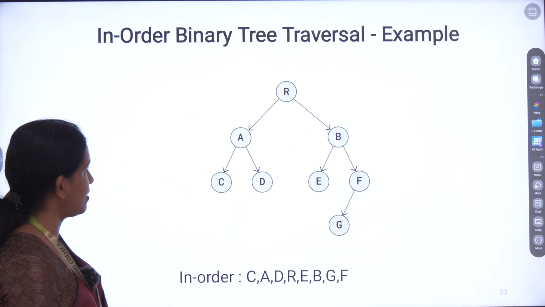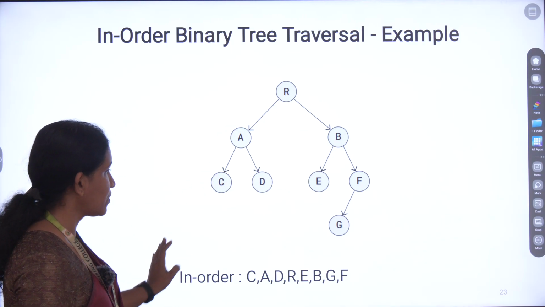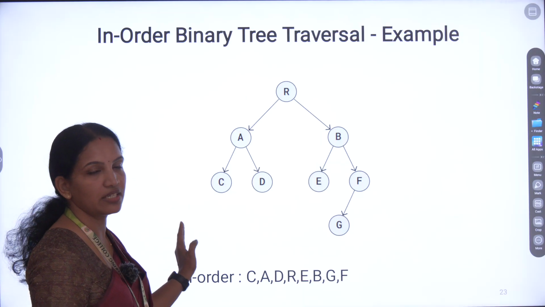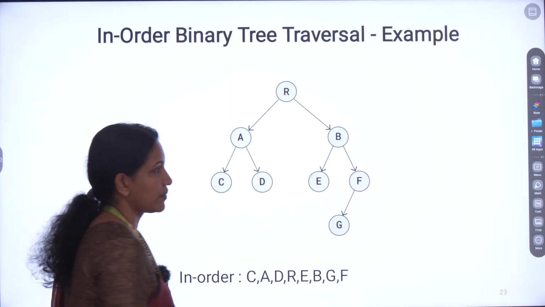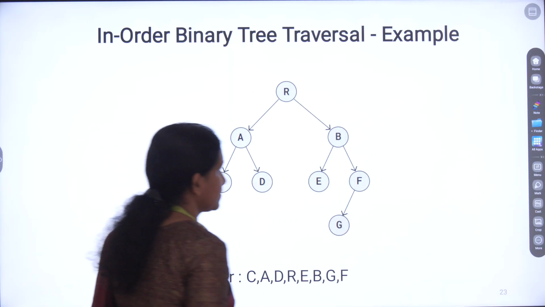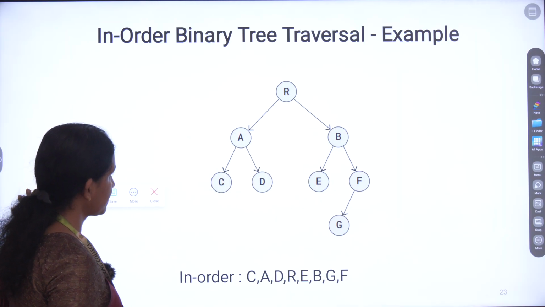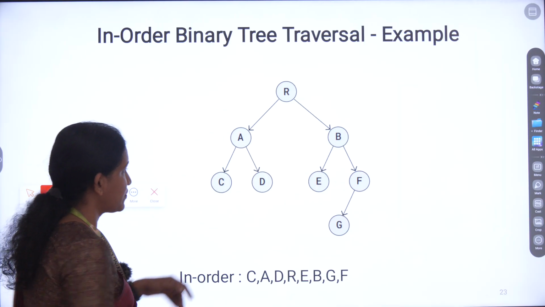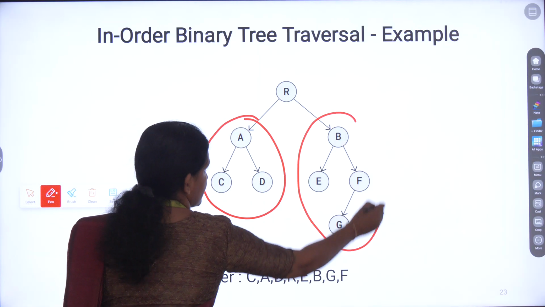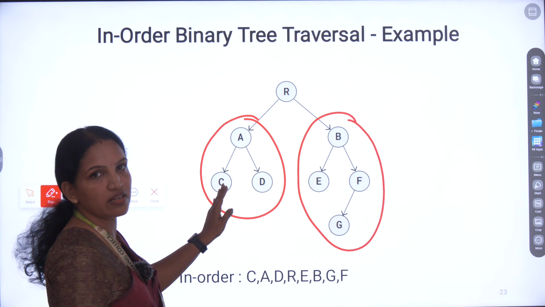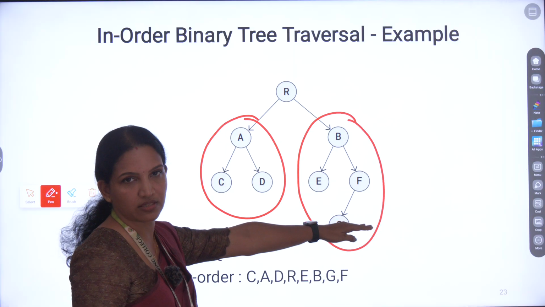So if you see this example, here the root is represented as R. So the thing is, we have to start from the left subtree, root, right subtree. So it will be like this. This is the left subtree and this is the right subtree. We have to do the recursive in-order traversal of left subtree, then root, then the right subtree.